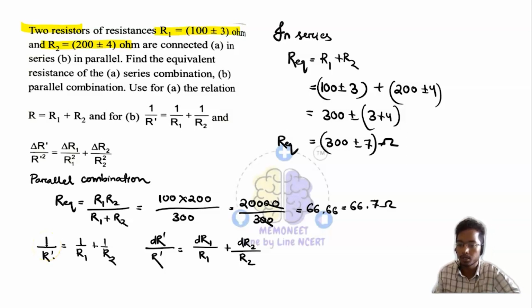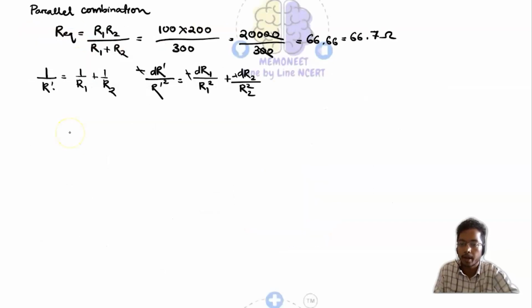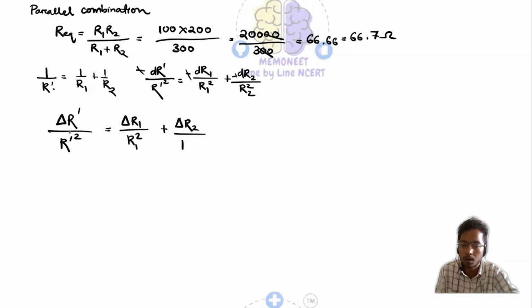In differentiating 1 upon R, we have minus 1 upon R square, so the minus signs cancel out. So delta R dash upon R dash square is equal to delta R1 upon R1 square plus delta R2 upon R2 square.